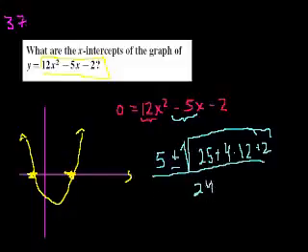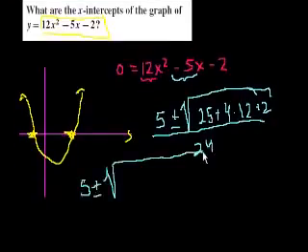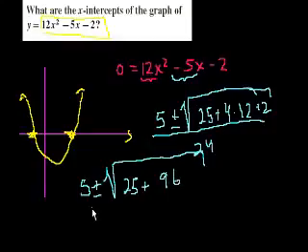2 times a. So that is equal to 5 plus or minus the square root of 25 plus 4 times 12 times 2, right? Because that was a minus 2, but we had a minus there before. So 8 times 12, so 96, all of that over 24.